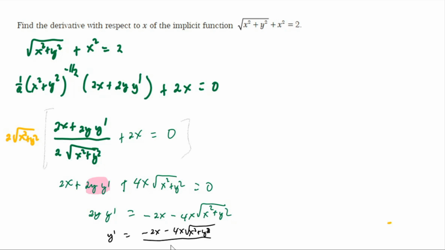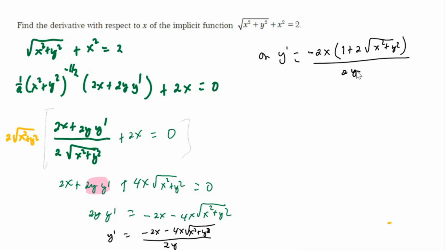all over 2y. Or you can also write y prime equal to, if I factor out negative 2x because negative 2x is a common factor to the numerator, negative 2x times 1 plus 2 square root of x squared plus y squared all over 2y.